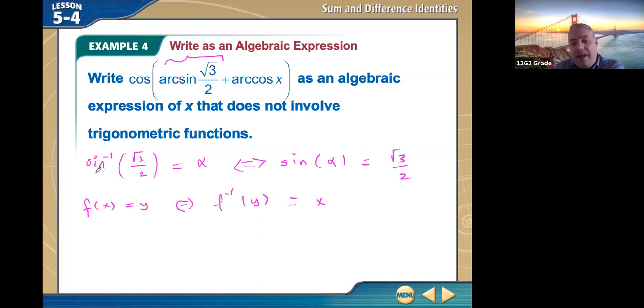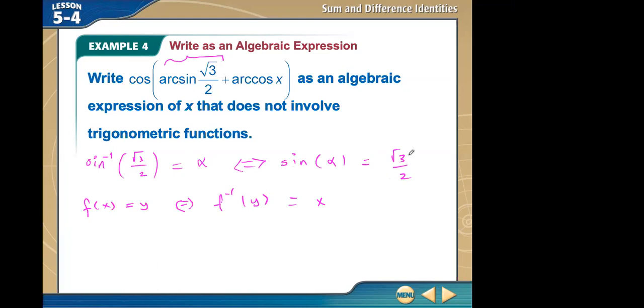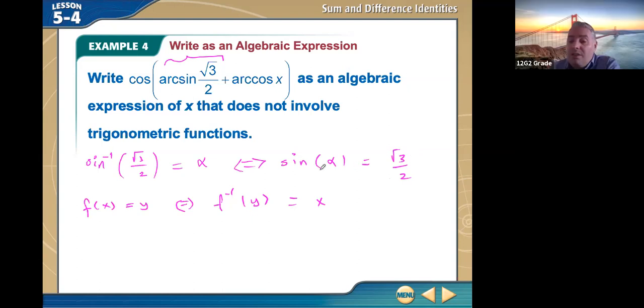So arcsine of root 3 over 2 means this. Which angle has sine root 3 over 2? The answer is 60. So sine alpha is root 3 over 2, so alpha is 60.